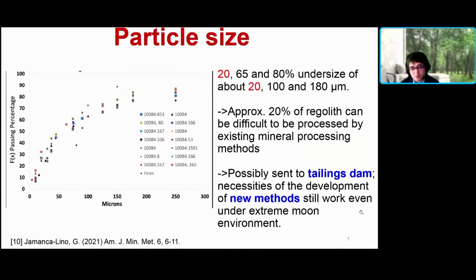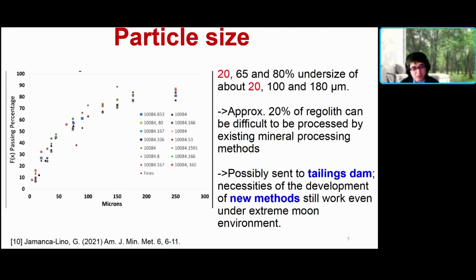In relation to what I mentioned, together with what people reported in terms of the geometallurgical aspect of lunar resources, one report studied the particle size distribution of the regolith simulant plotted here.